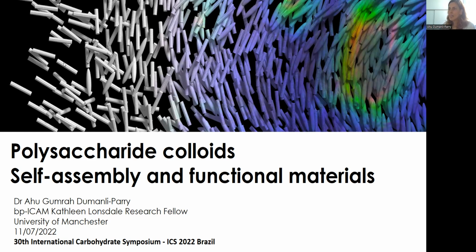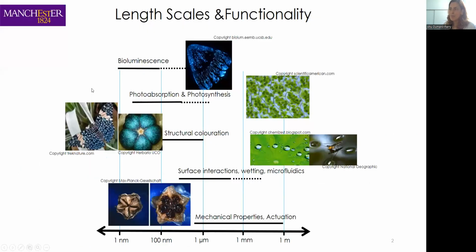So in Manchester, my group is looking into a plethora of functionalities in nature. We find a lot of inspiration there. There's a great number of interactions taking place in nature, from molecular interactions like bioluminescence, photoabsorption, and photosynthetic interactions.